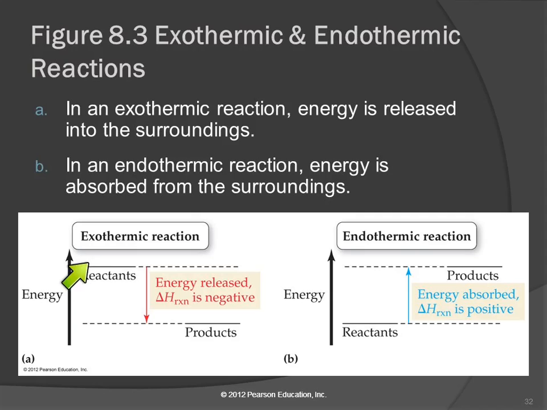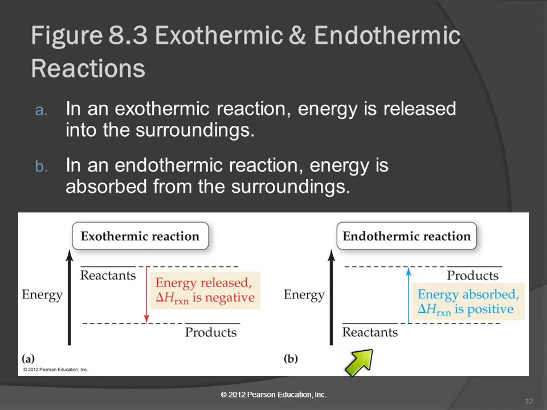So the reactants are higher in energy, the products are lower. They got lower because energy came out. So energy came out and the energy is released. We say that the heat of reaction or the enthalpy of the reaction is negative. This went down. The overall energy of this system went down. That's a negative change in energy.